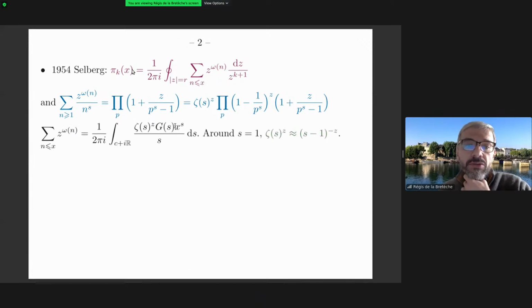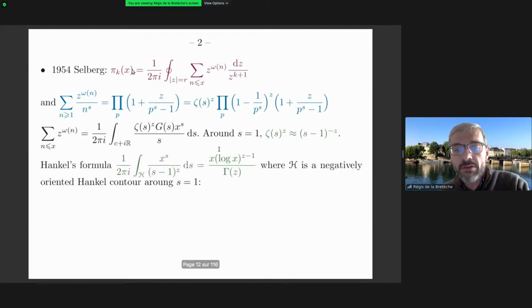But you have this Perron formula, and you know that around s equal 1, zeta of s can be approximated by (s minus 1) to the power minus z.